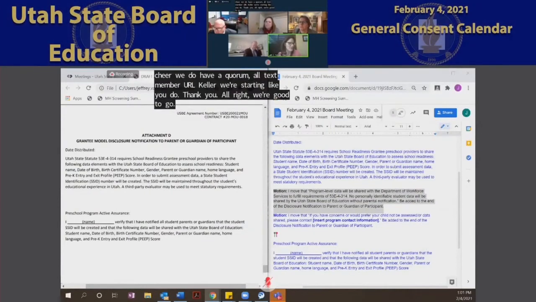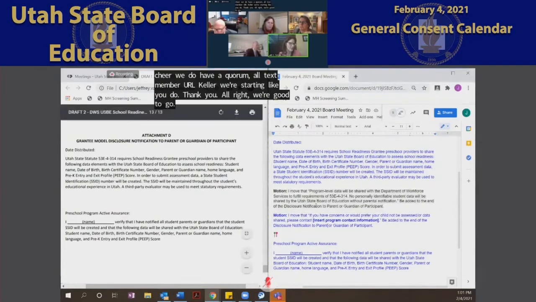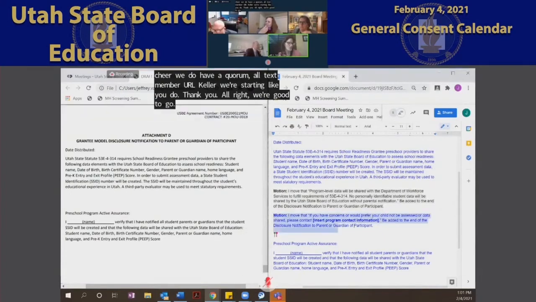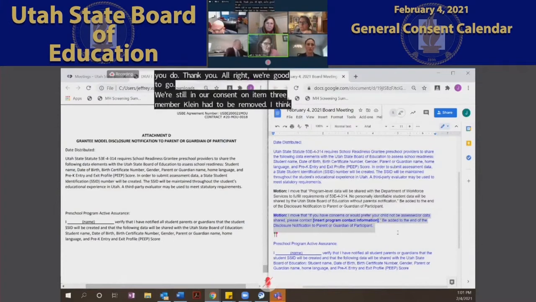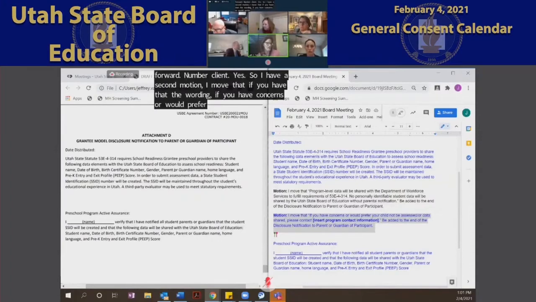I move that the wording, if you have concerns or would prefer your child not to be assessed or data shared, comma, please contact, and then inside brackets, insert program contact information, end of brackets, end quote, be added to the end of the disclosure notification to parent or guardian of participants.